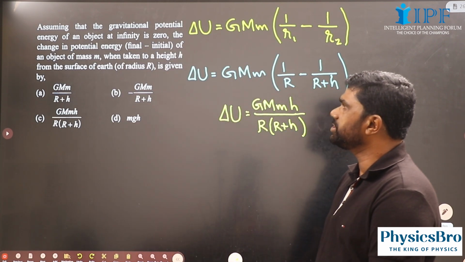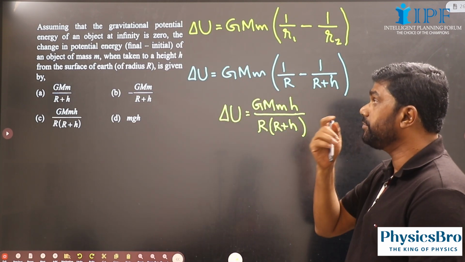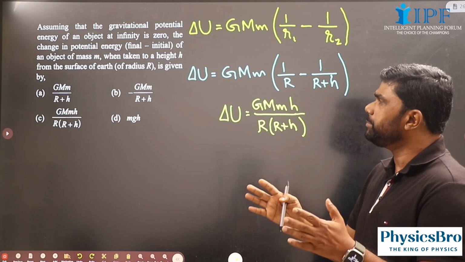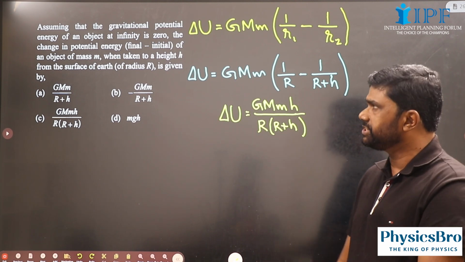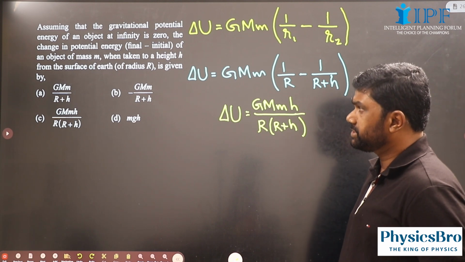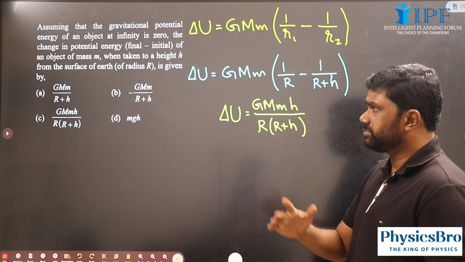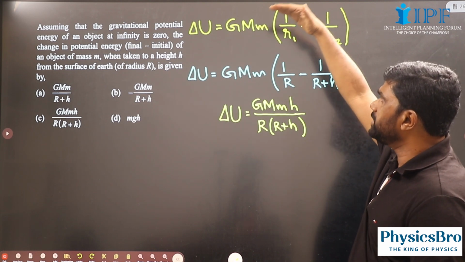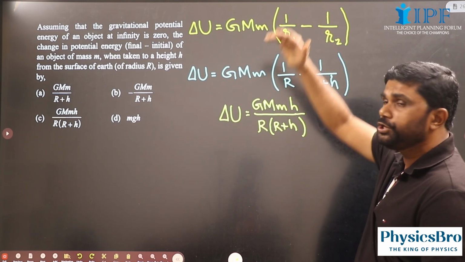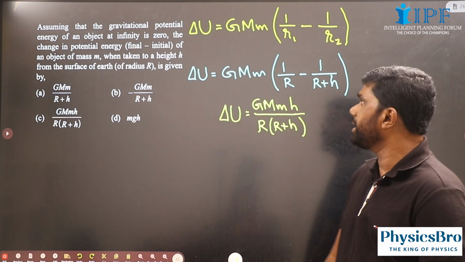Assuming that the gravitational potential energy of an object at infinity is 0, the change in potential energy. See, in physics, a change means always final minus initial. Of an object of mass m when taken to a height h from the surface of earth is given by delta U equal to GMm into 1 by R1 minus 1 by R2.